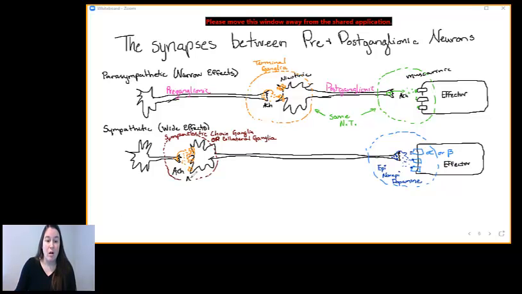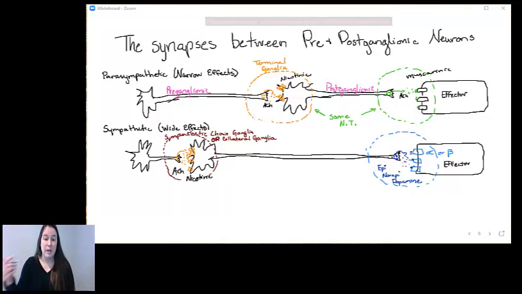And you may recall me mentioning before that nicotine largely has a soothing effect. It tends to promote the parasympathetic system and stimulate parasympathetic postganglionic neurons to calm you down.